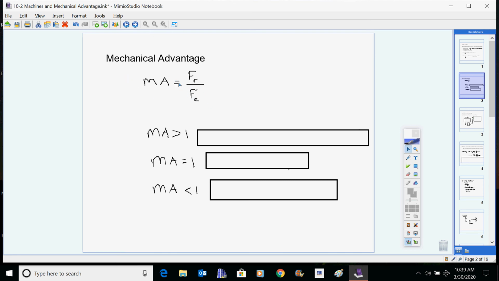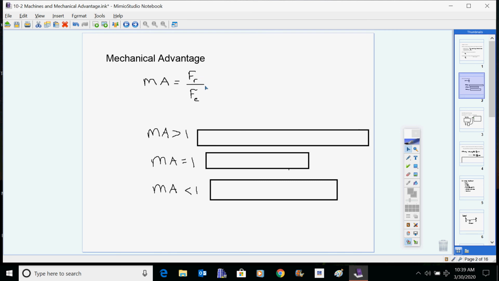So if you think a little bit about this, the mechanical advantage times Fe would give you the result, or what happened. The way that you calculate it is if you know the result, the resistance, and you know the effort, you can take one divided by the other, and it will give you this quantity that we call the mechanical advantage.